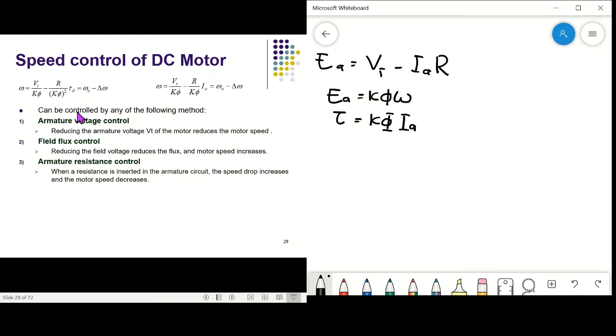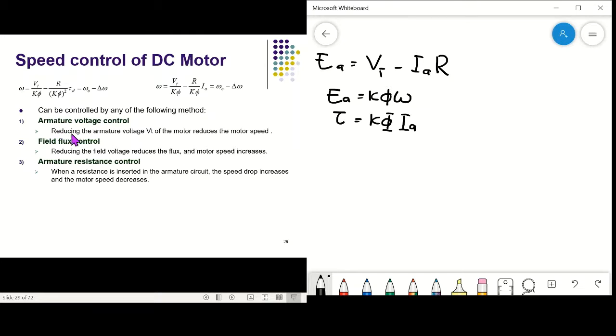And from this equation, the speed of DC motor can be controlled first by armature voltage control or terminal control here, V terminal. So we control the terminal voltage, and hence the speed also changes.